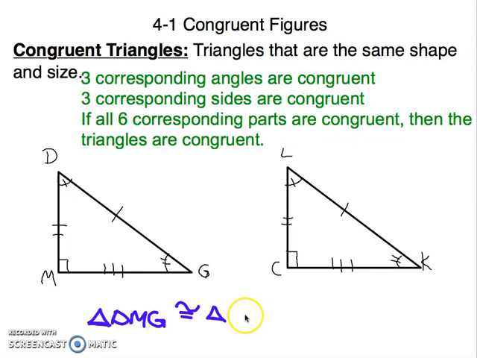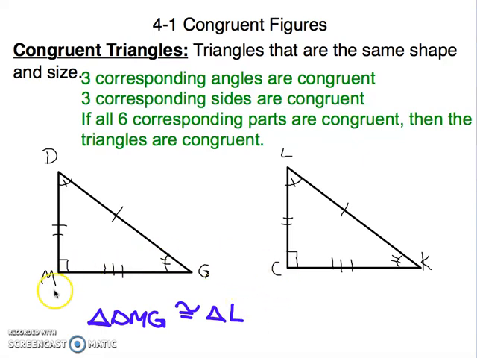And then when you rewrite the second triangle, you need to make sure that your corresponding parts match up. For example, when I named the first triangle, I chose to name D first, and D corresponds with L. Which means when I name this triangle, I need to name L first.